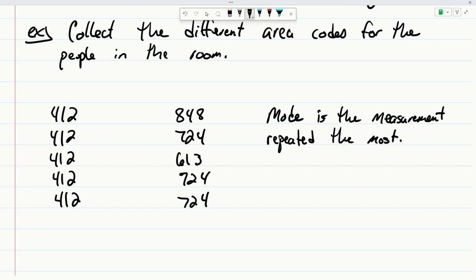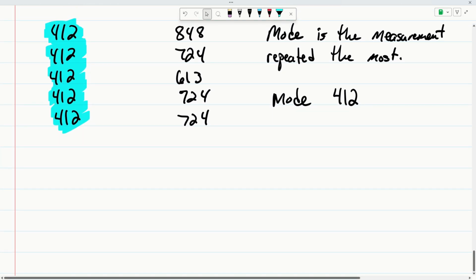I forgot. So in this situation here, notice that 412 is by far the most dominant, highest frequency area code. So we would say the mode is 412.